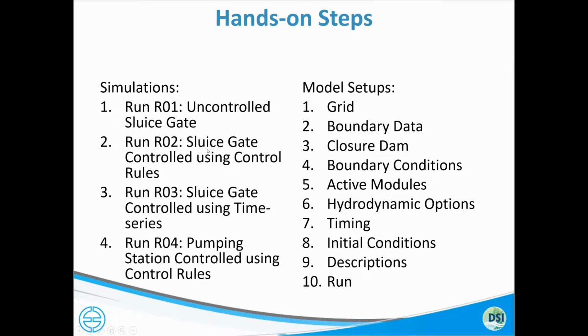Run 02 uses the same sluice gate settings, but we're starting to apply various control rules. This next example just makes the assumption that we know how the gate should be operated on a time series basis, so at a particular time of day, the gate raises and lowers according to the timing you've specified in a time series. And finally, run 04 is the example using pumps instead of a sluice gate.